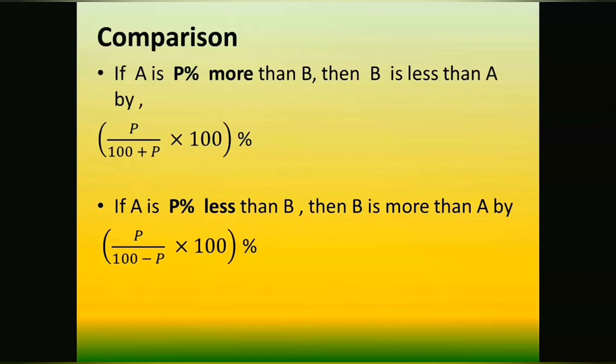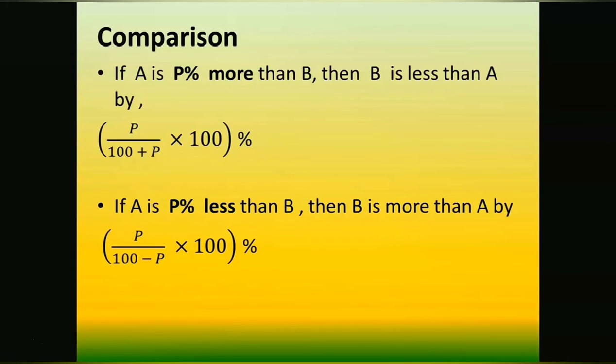For example, if there is person A and person B. Person A's salary is 50% more than person B's salary, so P is equal to 50. Then by how much percent is person B's salary less than person A's salary?